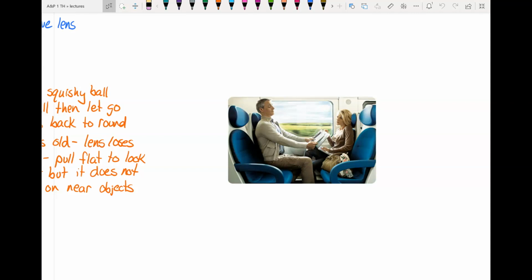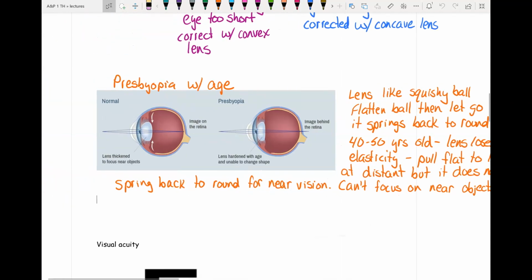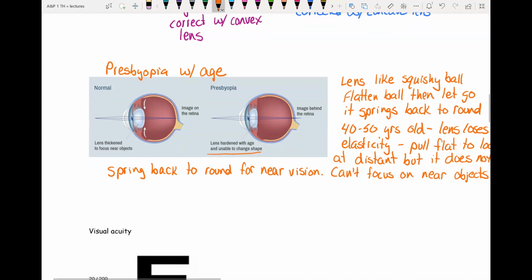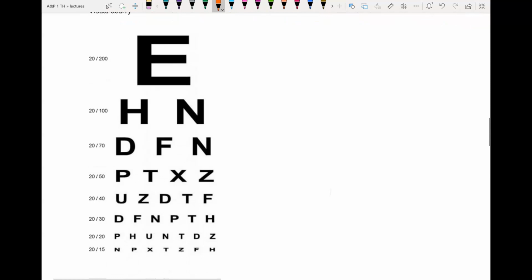So in order to read, you have to hold it out far. Or they get a text message and they hold their phone out as far as they can trying to read it. So with age, the lens loses its ability to spring back to round and you can't focus on near objects anymore.